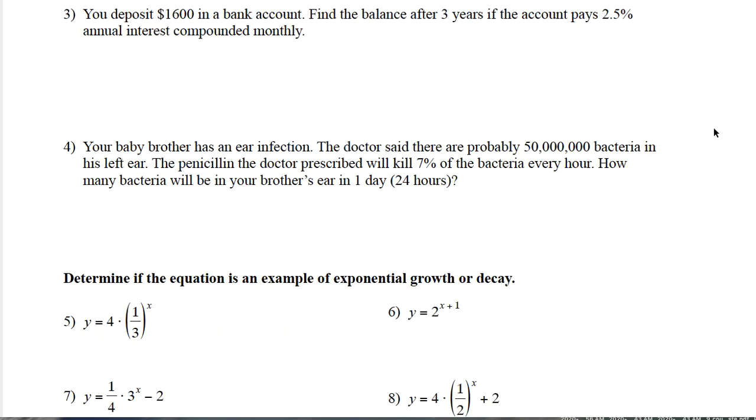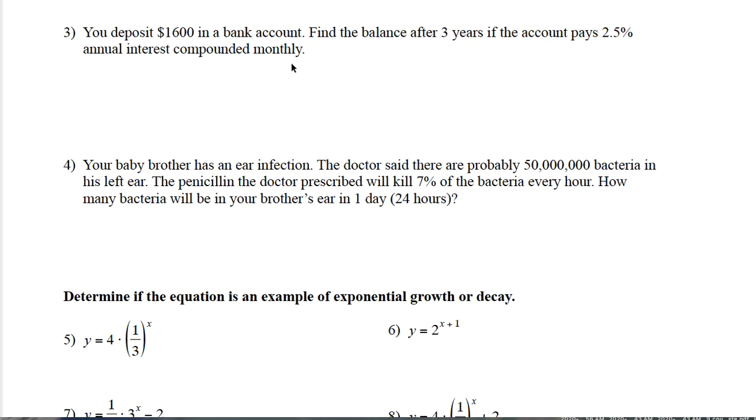Okay. Next question. You deposit $1,600 in a bank. Find the balance after 3 years if the account pays 2.5% annual interest compounded monthly. So this is a situation where we have to take our rate, 0.025, and why is that our rate? Because, remember, we have to move it 2 places to the left, 0.025. And this time, we're dividing it by how much it's compounding.